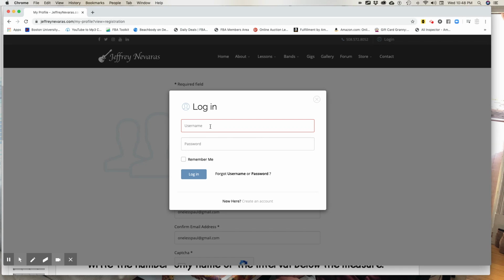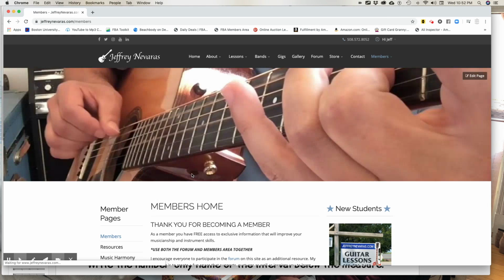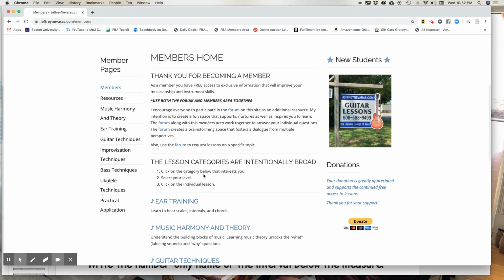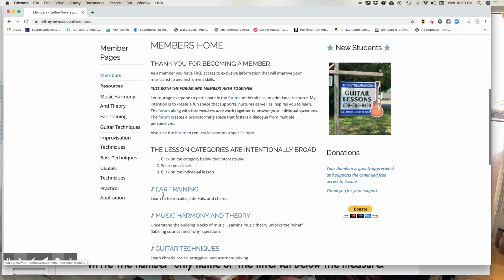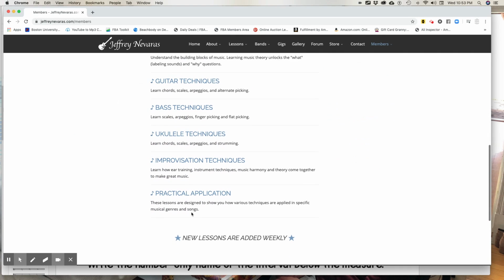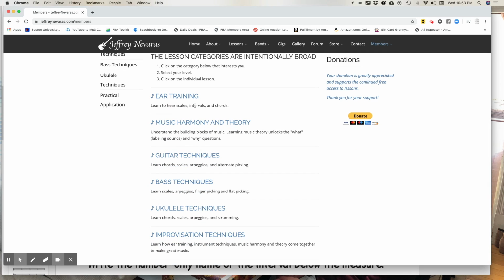Once you have your membership, you put in your password, and this will bring you to the members section. Over on the left and in the middle, it's a repeat of the same thing. We're talking about music theory today, so today's lesson is in harmony, music harmony and theory. You're going to click on that.